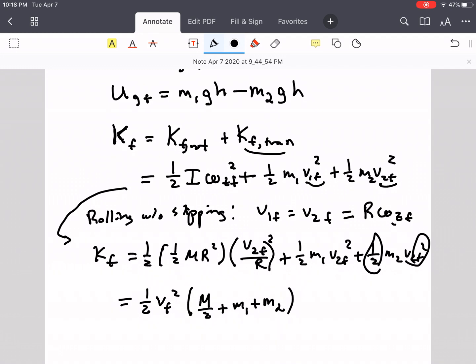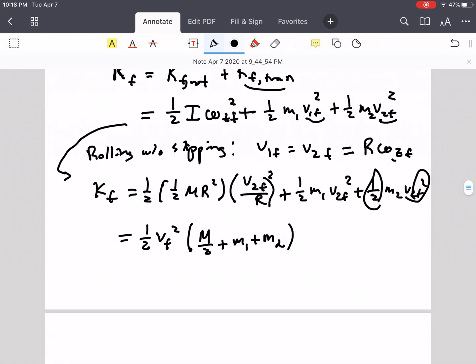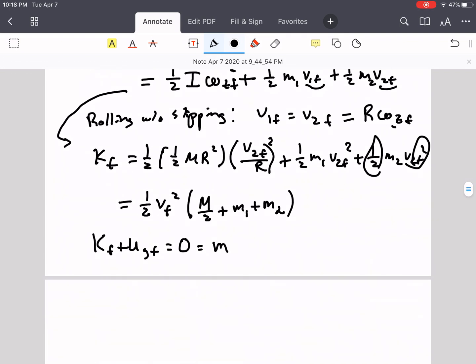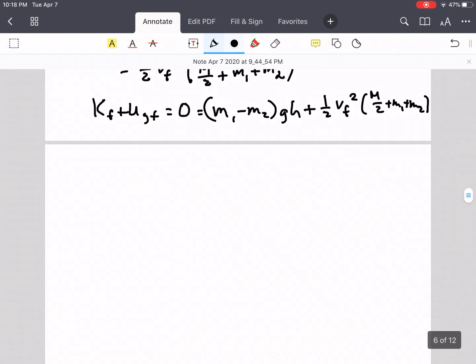And now I just use conservation of energy. My kinetic final plus gravitational final is equal to my total energy, which was 0. So 0 is equal to m1 minus m2 times g times h, that's gravitational, plus this expression for kinetic energy, 1/2 v final squared times capital M over 2 plus m1 plus m2. Now I'm simply left to solve for my final speed, v final, of block 2.